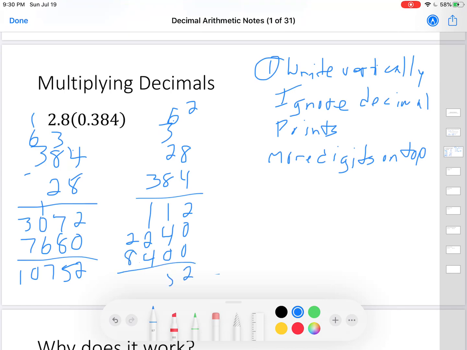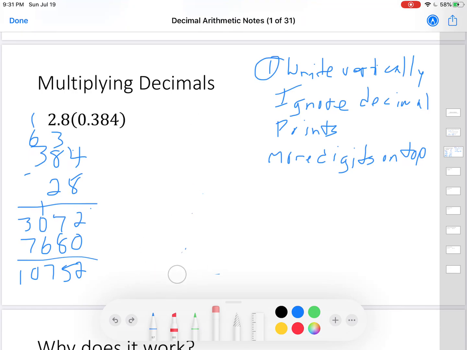Add that up: 2, 5, 7, 10. Notice it's the same number, 10,752, but in this case I have 2 multiplications, and in the other case it takes 3. I think 2 is less than 3. That is why I recommend putting the one with more digits on top, but as you can see, it doesn't make any difference.